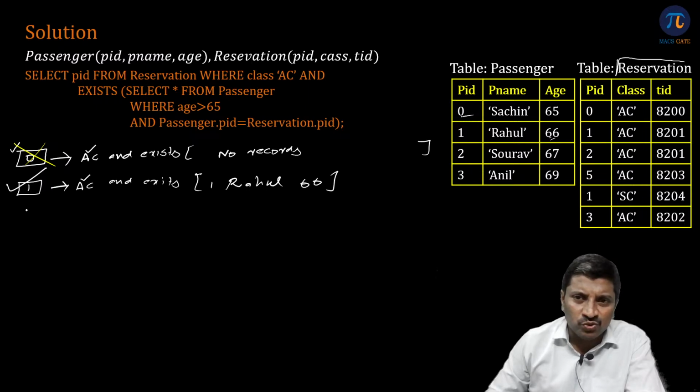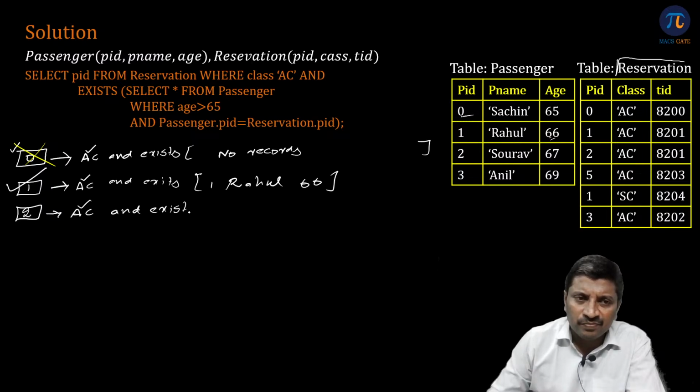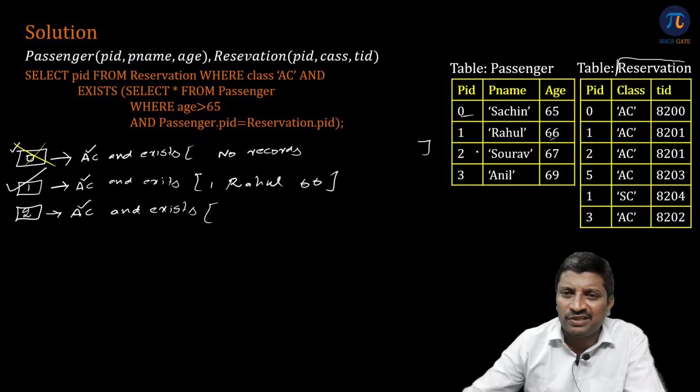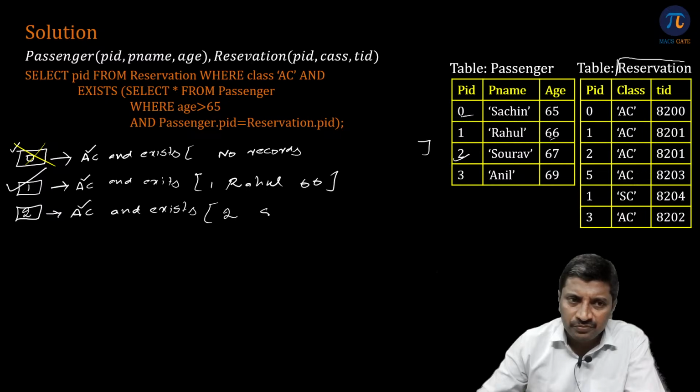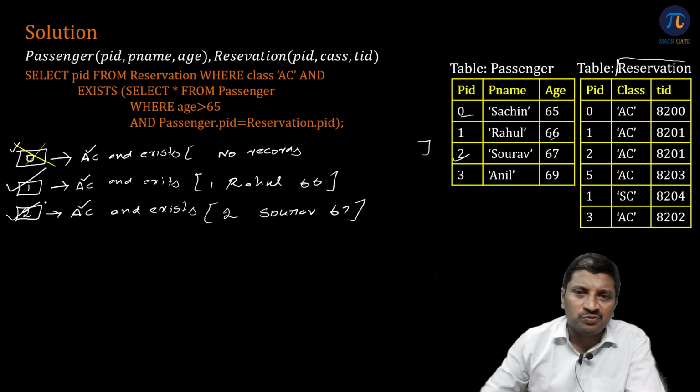Then the next one is 2. Is it AC? Yes. And exist. Passenger ID must be equal to 2 and age must be greater than 65. Yes, I have Saurav. So this will also be displayed.